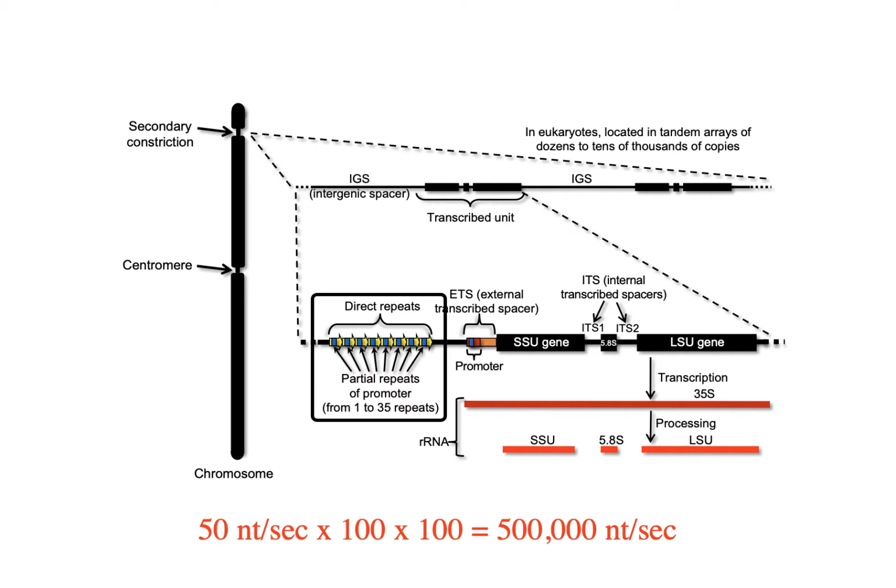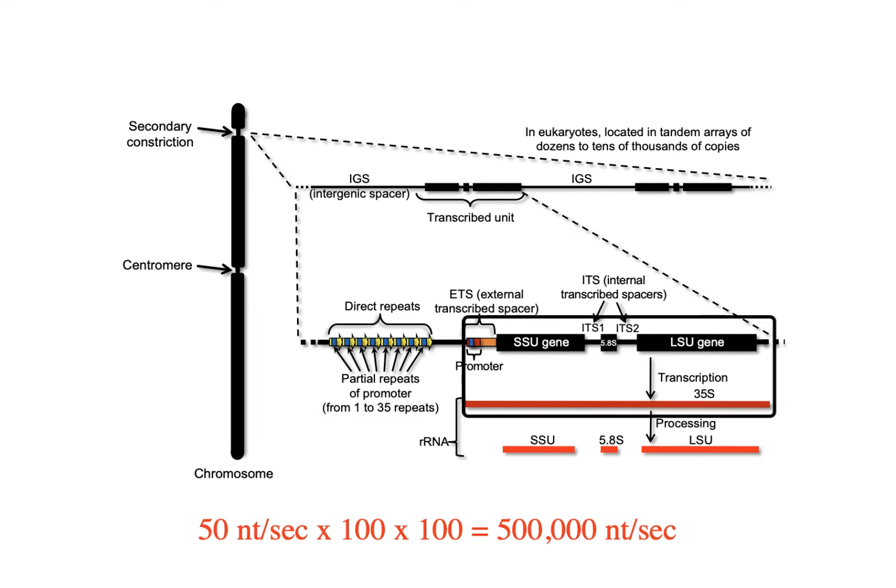And those are regions that have similarities to the promoters. So this is where those RNA polymerase Pol1s can be concentrated so that they're ready to pop onto the promoter when that region becomes free as the next polymerase has started to transcribe that gene.